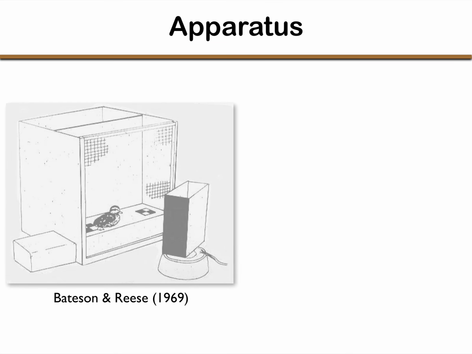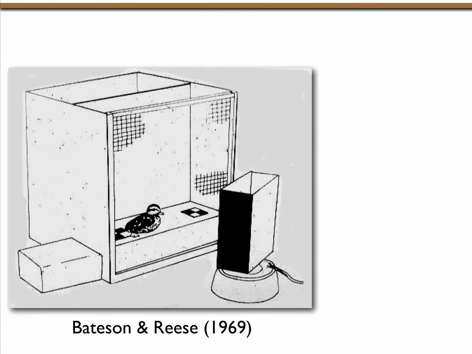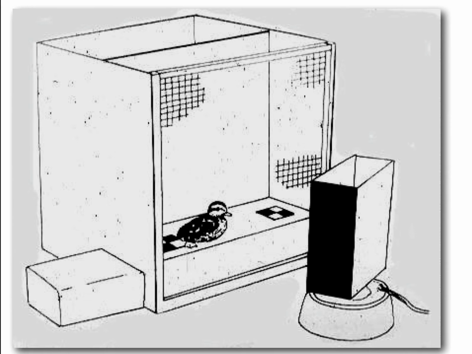First of all, if you look at the apparatuses that people have used in laboratories to examine imprinting, here's one where a duckling has to step on a pedal to get the box to rotate and a bulb lights up on the inside. It's kind of like a visual reward for learning to step on the pedal.